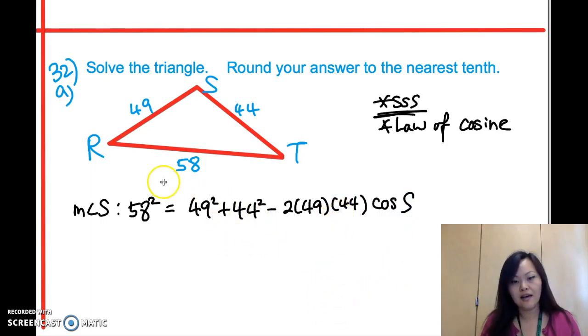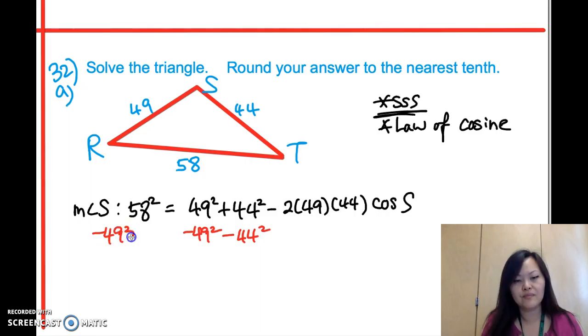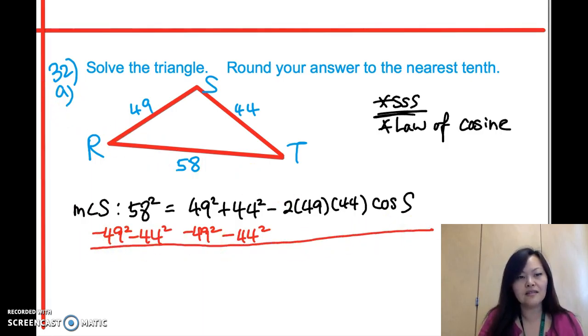So then I said we're trying to find cosine S, or more like S. So what we need to do is subtract the 49 squared and subtract the 44 squared, right? So then when you do that, you're going to get 58 squared minus 49 squared minus 44 squared.